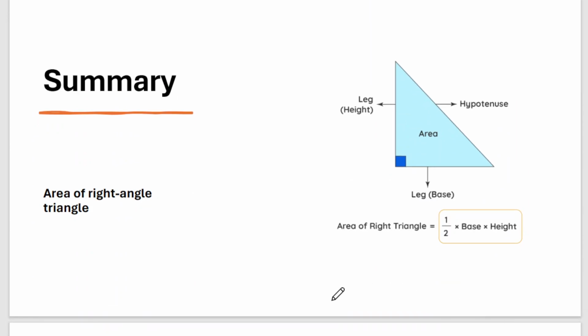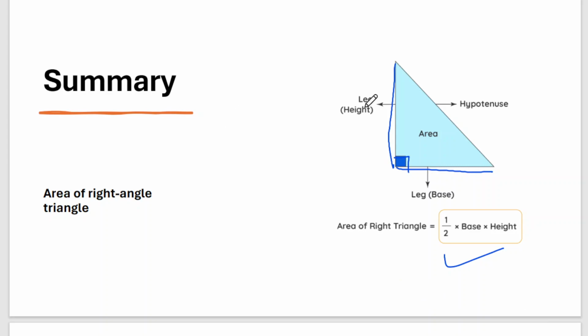Now, right angle triangle. In a right angle triangle, we use the formula half into base into height. That means always remember the angle between height and the base is always 90 degrees. Okay. Whenever you know the base and the height of any triangle, you can use the formula half into base into height to find the area of the triangle.